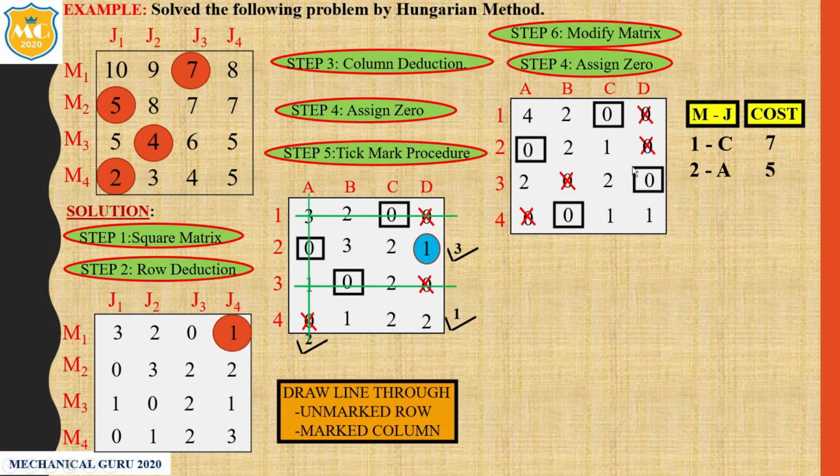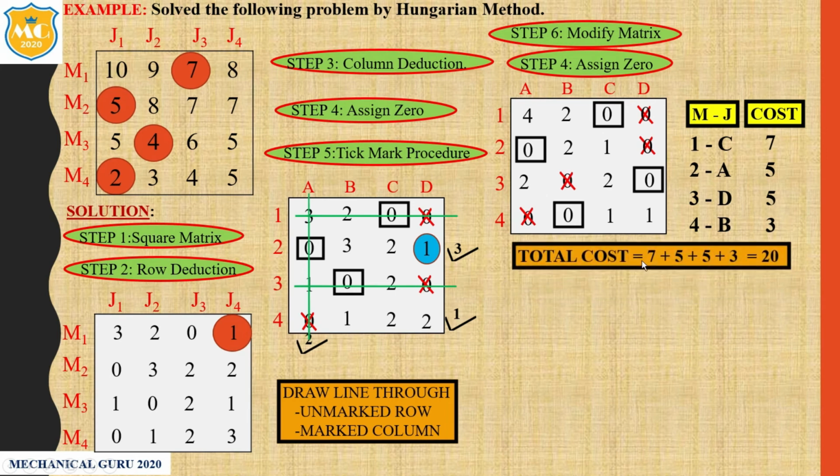In third man B job is assigned, in that the cost is 5. In the fourth man B job is assigned, so here we get the 3. So here total cost means summation of all the cost. So here we get the total cost, that is 7 plus 5 plus 5 plus 3 is equal to 20.